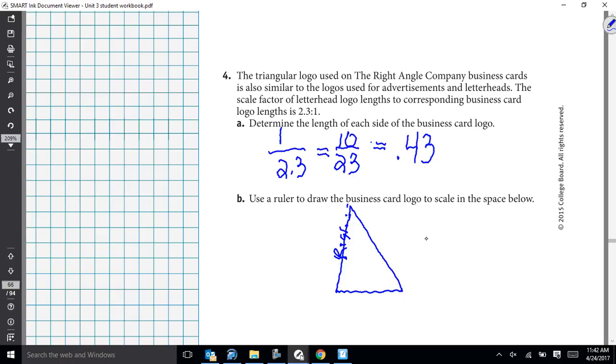Yeah, your small side. Okay, so if the letterhead has a small side of 5/8, what's the dimension on the business card? We're going to take 5/8 and then multiply by 0.43. It's going to be about 0.26.